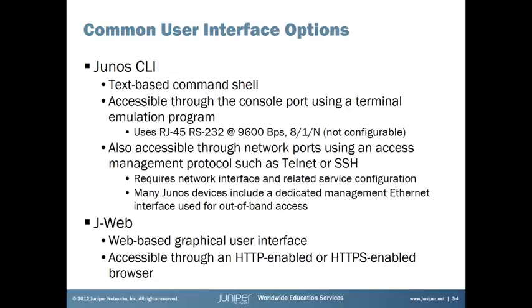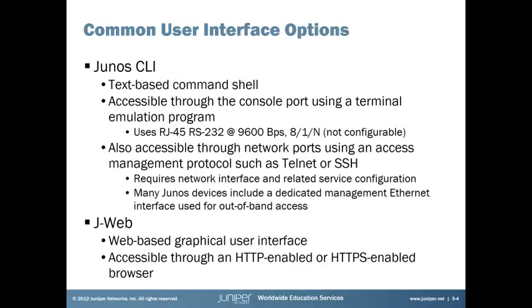RS232 is the standard which is used for serial ports. Exactly the same config as Cisco, 9600 bps, 8-1-N. That's exactly the same as Cisco, which is actually the default as well, so you don't change anything. It's the default for PuTTY. You open it up, and if you were to click on the serial tab on PuTTY, that would be the default.